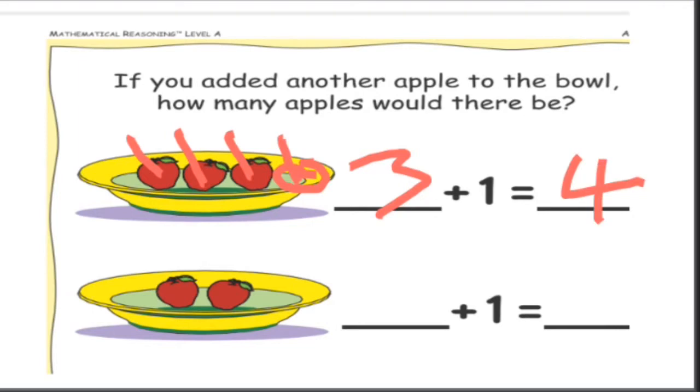Very good. What about this one? Let me draw 1 apple inside the plate or the bowl and count 1, 2, 3. That means 2 apples that were there before plus the 1 I drew will give us 3 apples altogether.